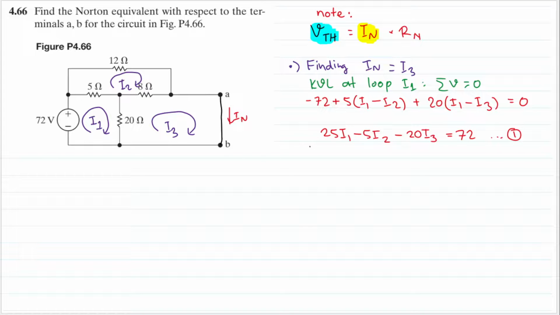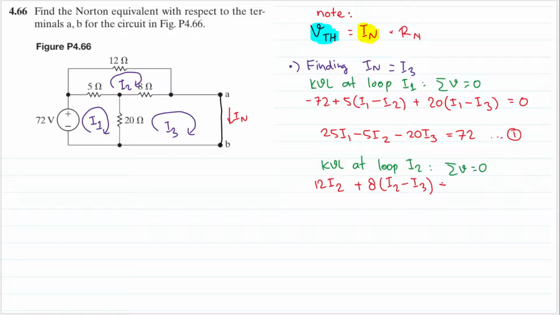Let's do another KVL, this time at loop I2. Again, the sum of the voltage will equal 0. Let's start from the 12 ohm resistor. The only current that passes through it is I2. Then plus 8 multiplied by I2, but I3 is flowing in the opposite direction.